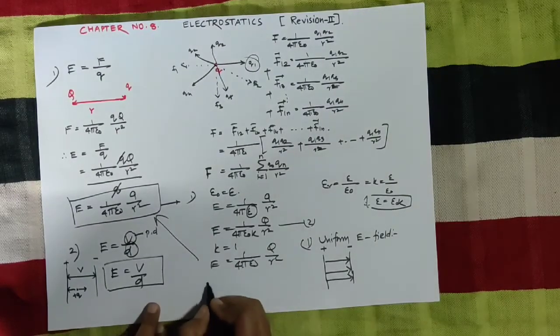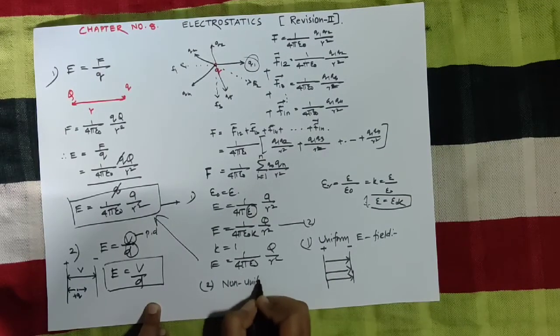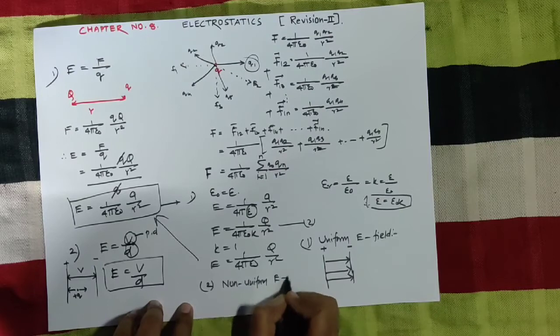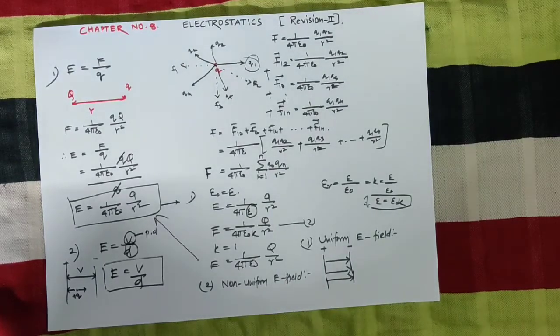And the second type is non-uniform electric field. In that, the magnitude of the charges is the same but the direction is not the same at all the points. That means a non-uniform field is a field whose magnitude and direction is not the same at all the points.